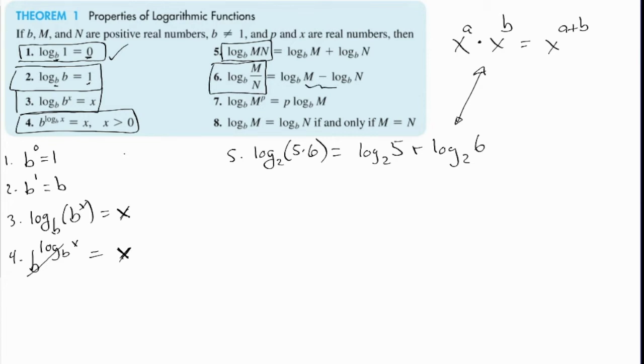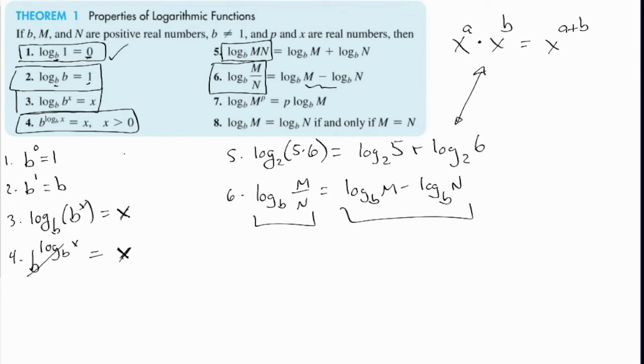Remember the theme, logs are exponents, so now we're subtracting them for rule number 6. And you can take a numeric example, plug it into your calculator like I just did for number 5, and see that you get the same answer if you use the left-hand format or the right-hand format.